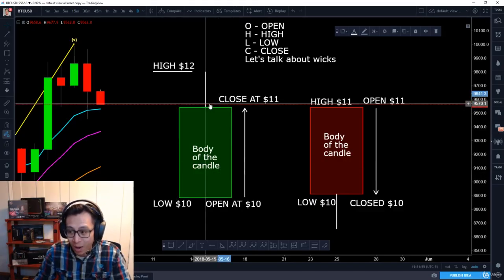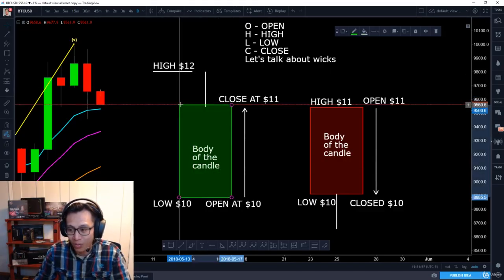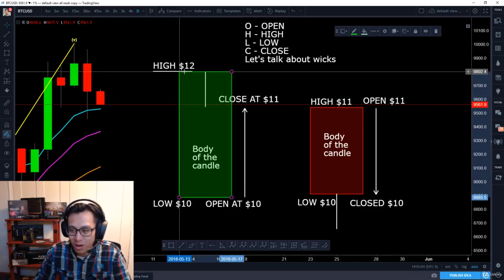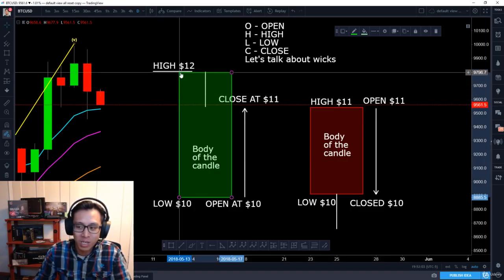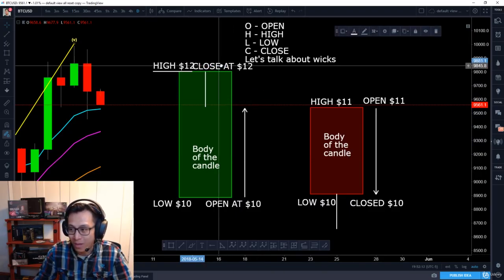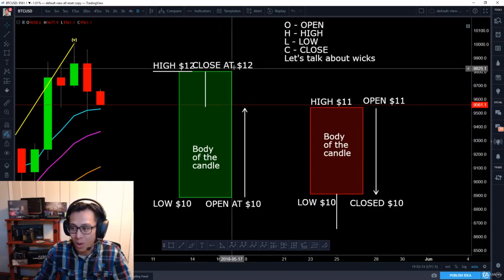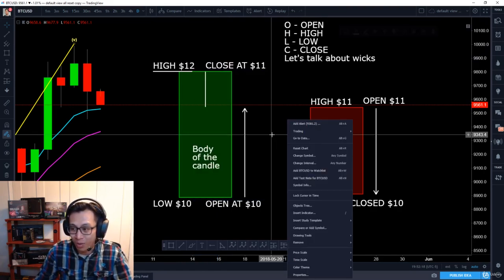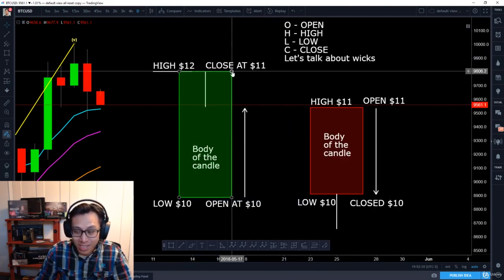And then they actually bought all the way up to $12, okay? They bought all the way up to $12 right there, but they actually couldn't sustain that price. So if this had pushed up to $12 and closed there, then this one would have a close of $12 as well, okay?